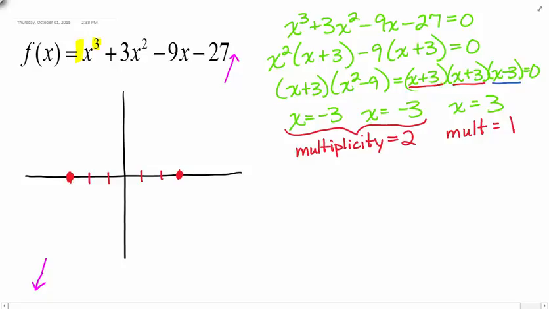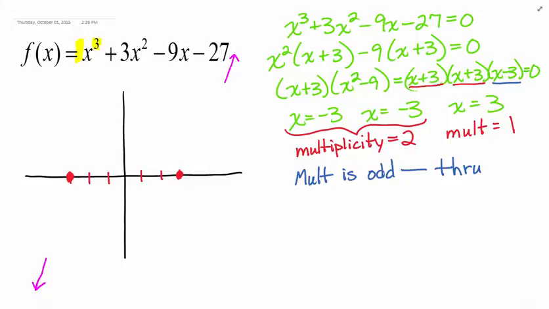Okay, so here's the rule. And let's write it like this. If the multiplicity is odd, then the graph goes through that 0. So if the multiplicity is 1, 3, 5, or 7, the graph goes through. And then the second rule is if the multiplicity is even, then the graph bounces.